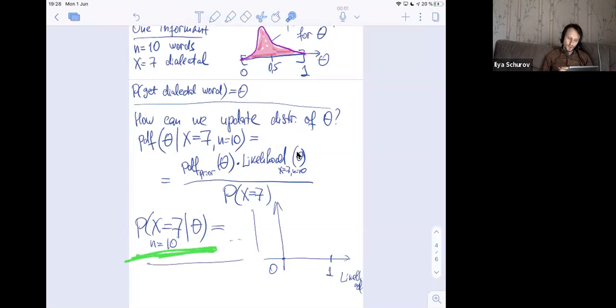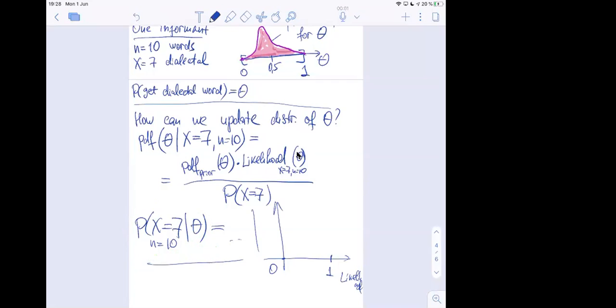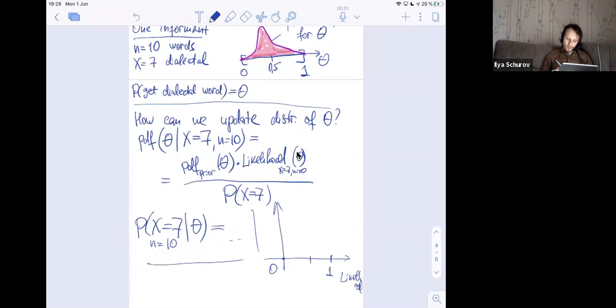Where is the maximum of this function attained? It's 0.7. Yes, exactly. This is actually our maximum likelihood estimate. So we can assume that this graph looks something like this. We will have 0 here and here, and the maximum here, and something in between at the rest.